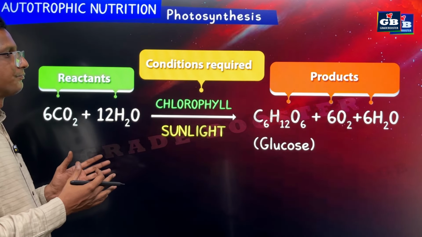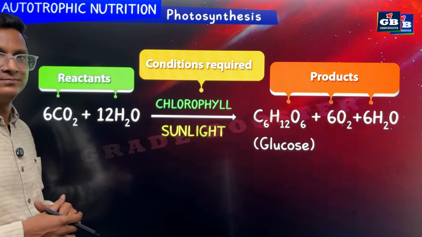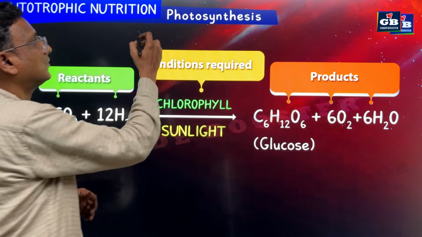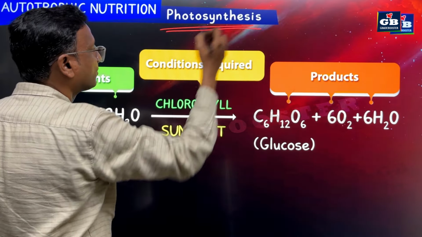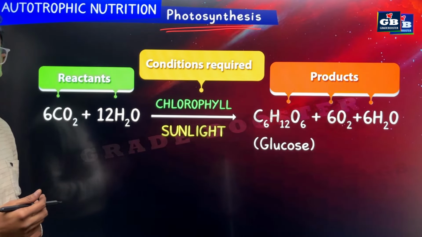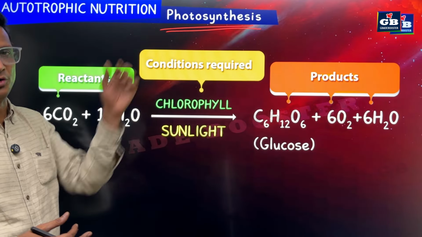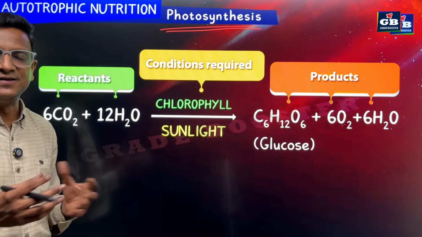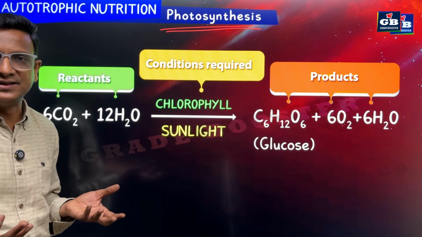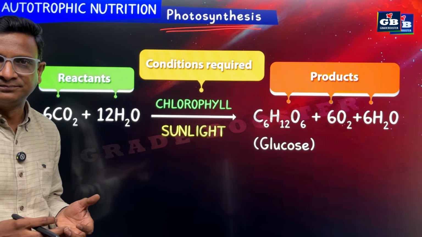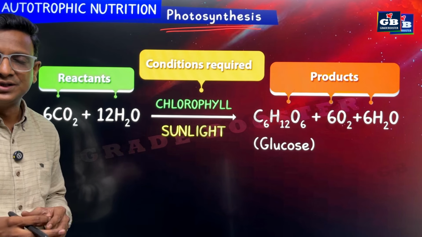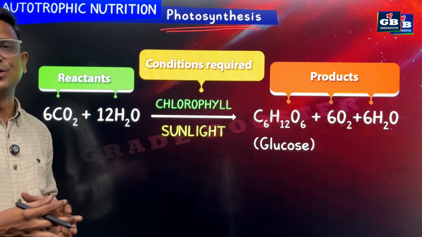Now, this is an equation form for the process of making glucose and oxygen, that is photosynthesis. What is this process? Photosynthesis. Let us see the definition of photosynthesis. Photosynthesis is the process in which simple inorganic materials like carbon dioxide and water are converted to organic compounds like glucose using sunlight and chlorophyll.